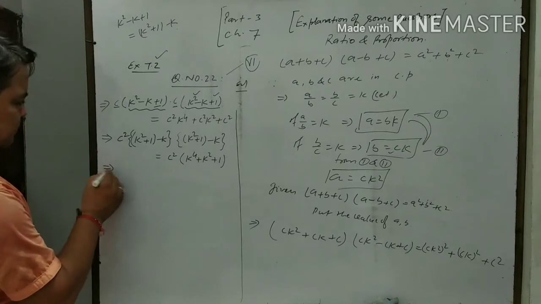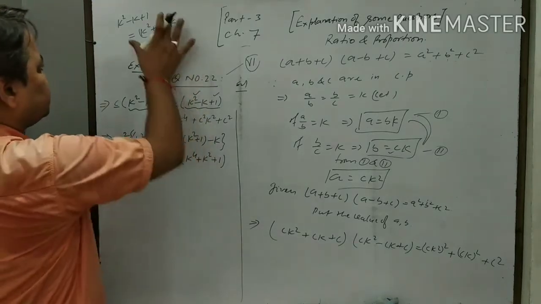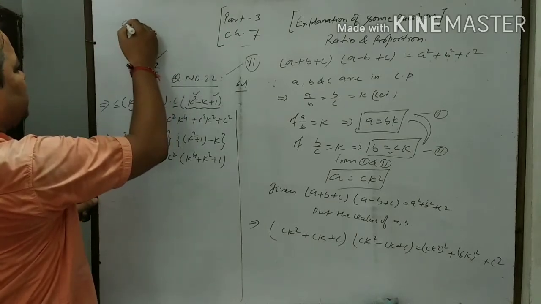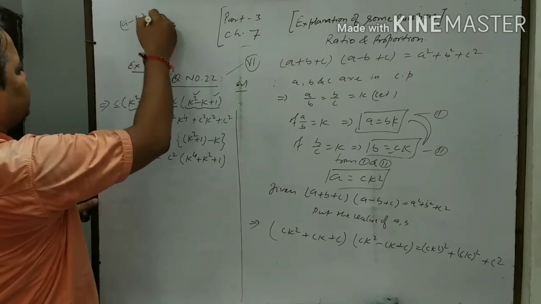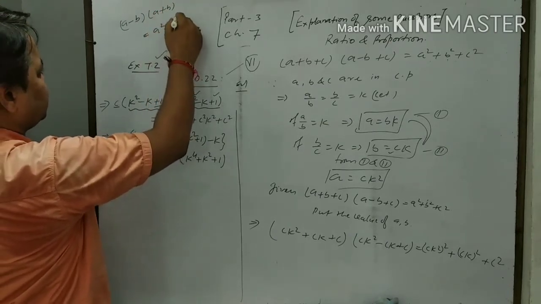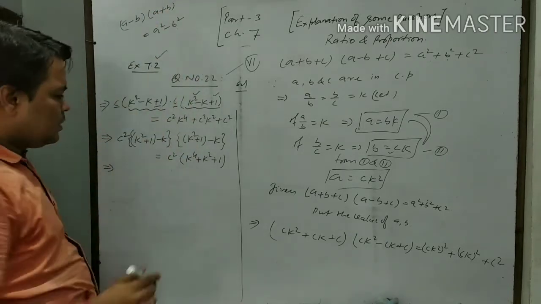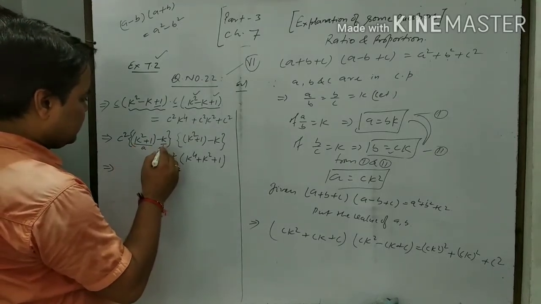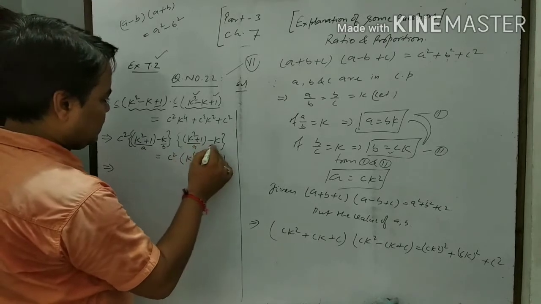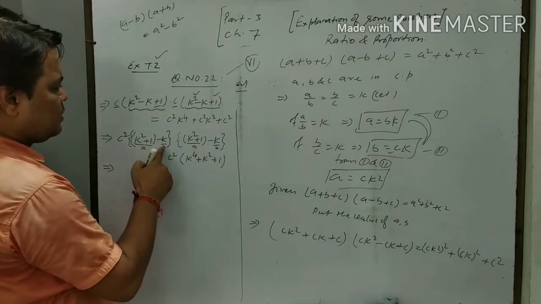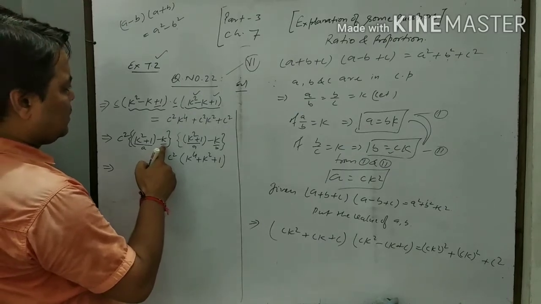Now, next step. You know this formula: a minus b, a plus b is equal to a square minus b square. Now let this be a and this be b. Again this is a and this is b. Then a minus b and a plus b.